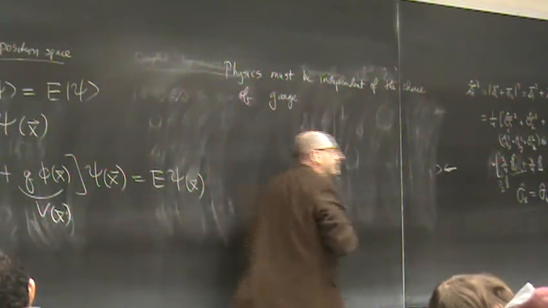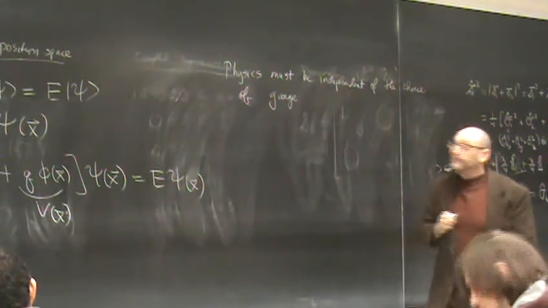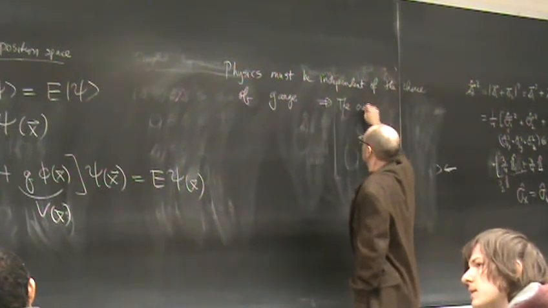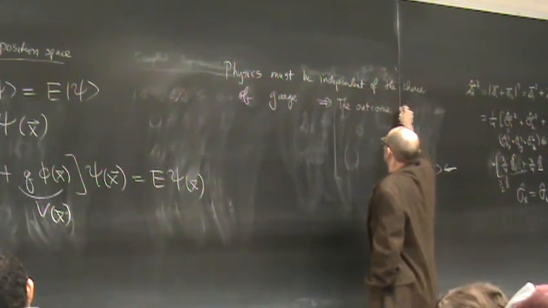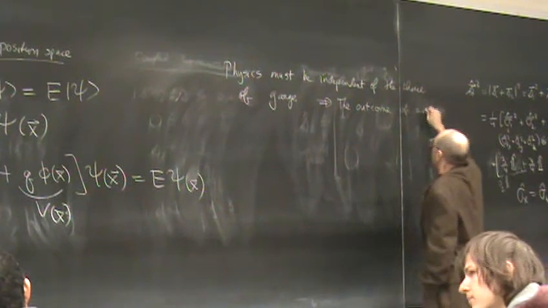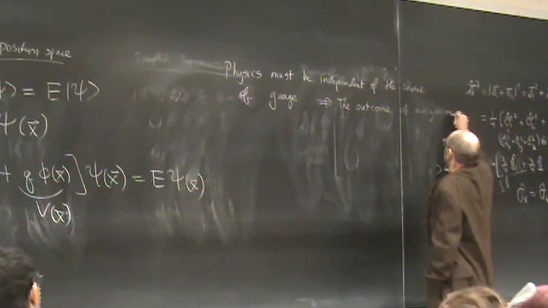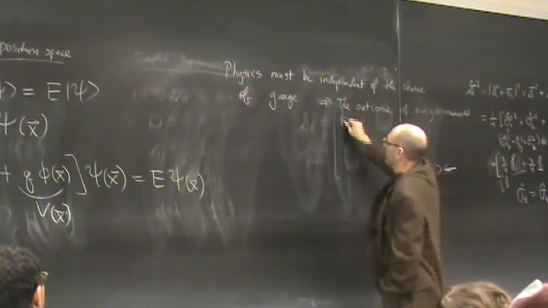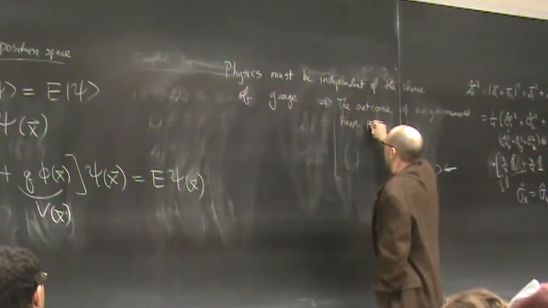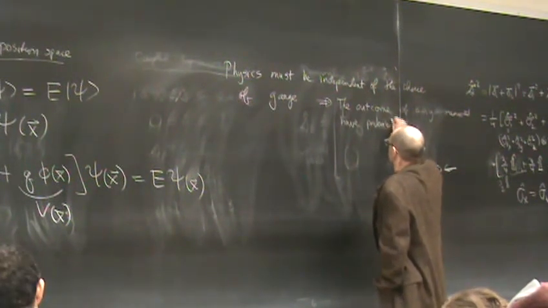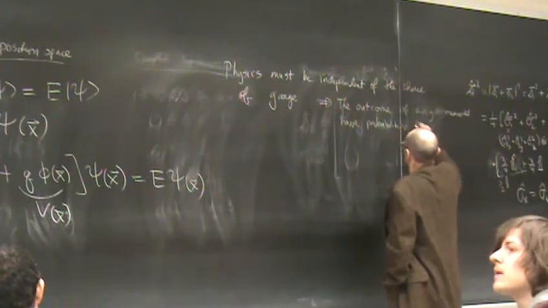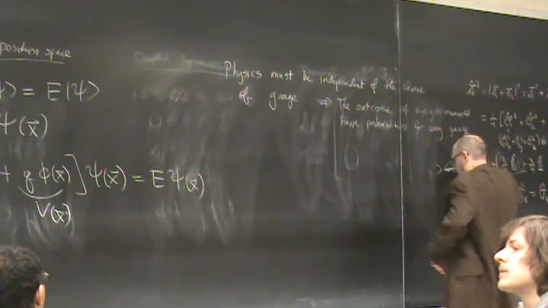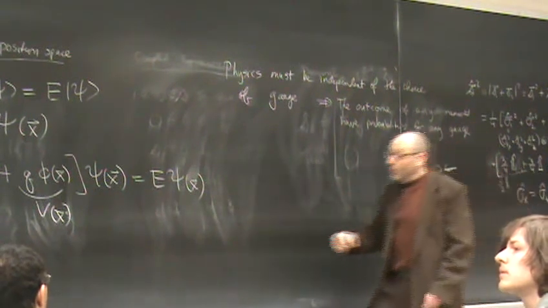What that means in quantum mechanics is that the outcomes of any measurement have the same probability for any gauge. That's what we insist.